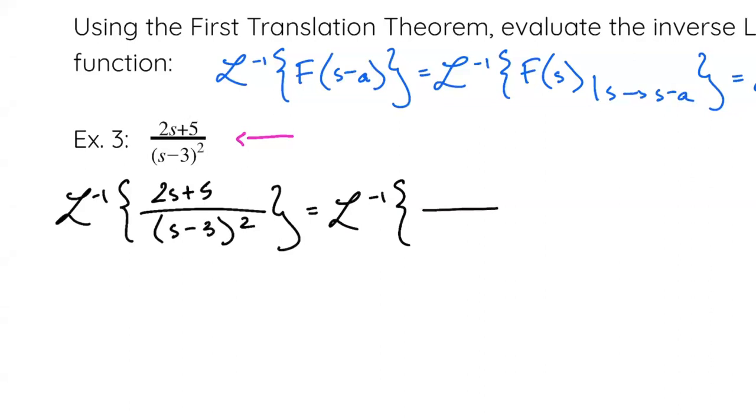First denominator. S minus 3. And that one will have a constant at the top, right? We'll have A over s minus 3 plus, what's the second denominator?